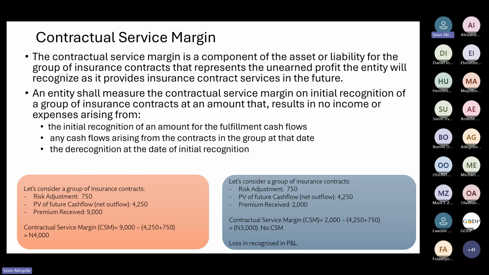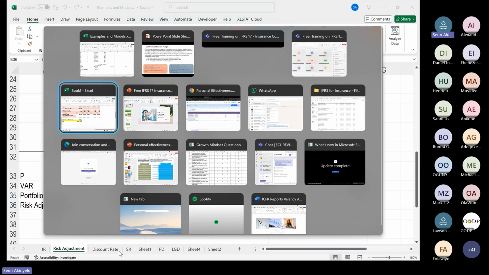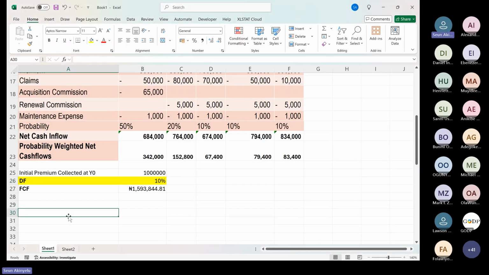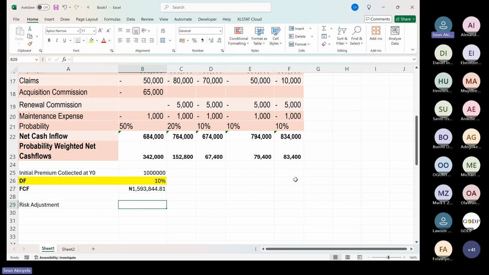Let's put it in a more realistic way. Let's use an example. Let's assume that we're using this example that we are doing on Excel. We have calculated one, and we said fulfillment cash flow is 1.5. Let's also assume that the risk adjustment is, say, for example, 50,000.